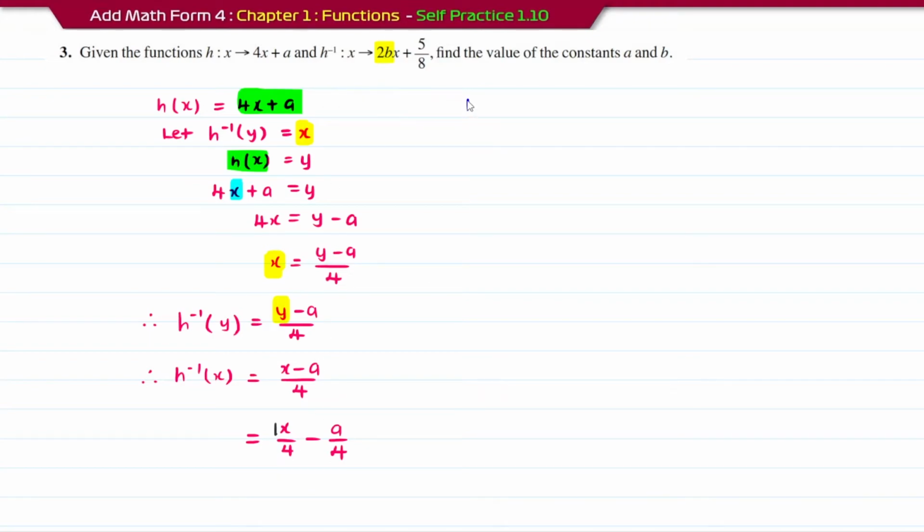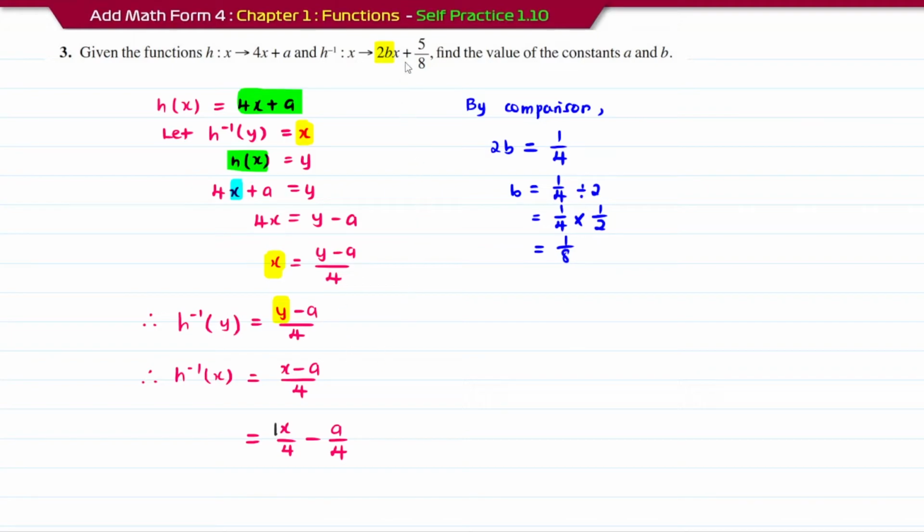So by doing the comparison, we can set that 2b is equal to 1 over 4. Now to find the b, I'm going to move the number 2 to the other side. It will be 1 over 4 divided by 2, which is equal to 1 over 4 multiplied by 1 over 2. Therefore, the value of b is equal to 1 over 8.